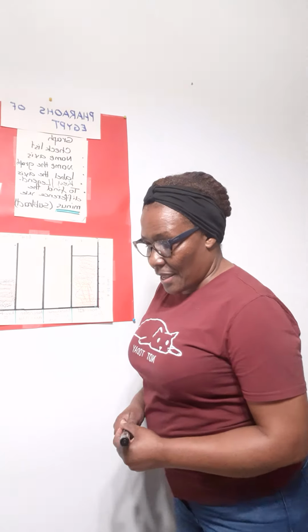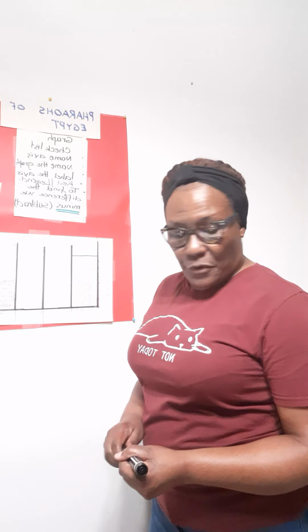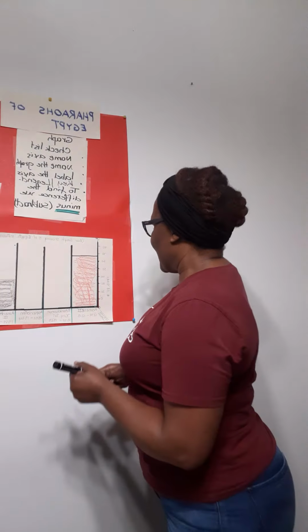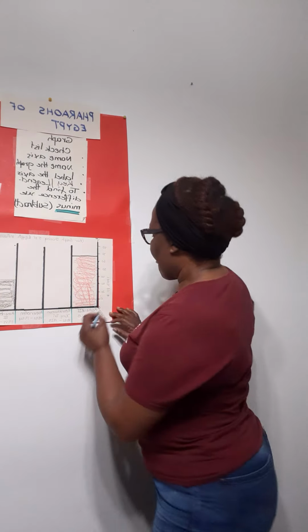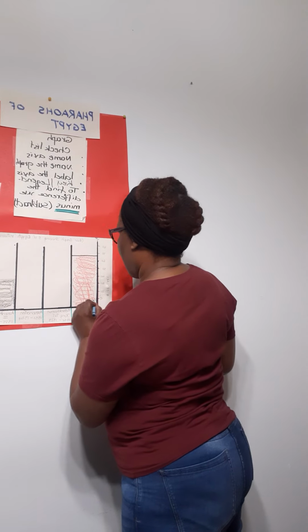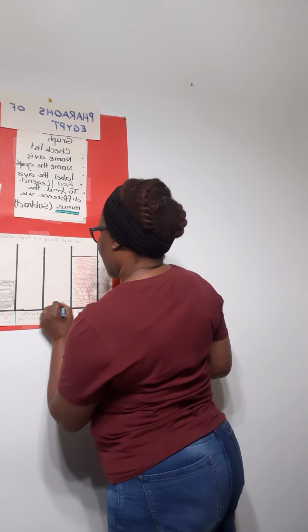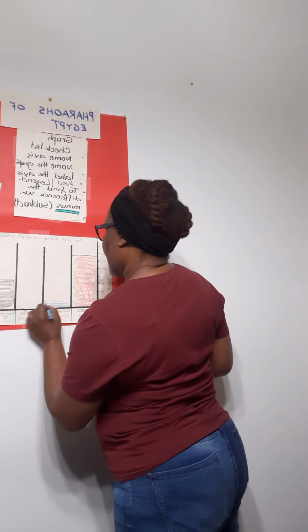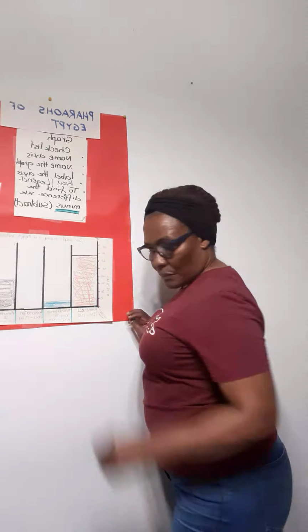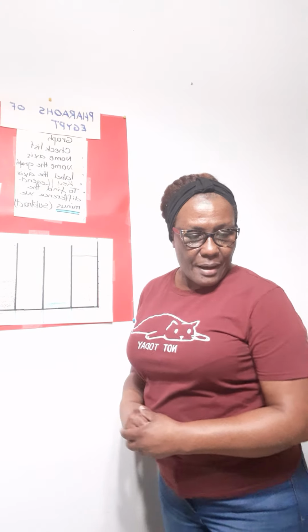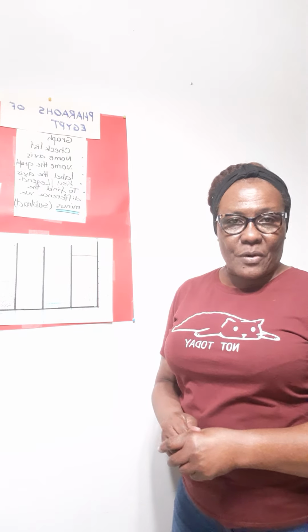And he reigned for 9 years. So let's see if we can find our 9. And we're going to put it in. Are we finished with that one? So we can move on? All right, let's move on.